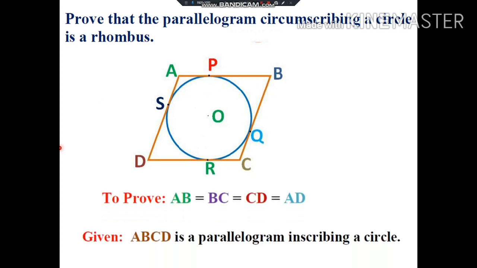Dear children, to prove AB is equal to BC is equal to CD is equal to AD, we have to prove this. All the sides of this quadrilateral are equal. So, given ABCD is a parallelogram inscribing a circle.